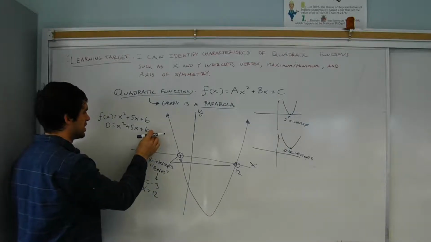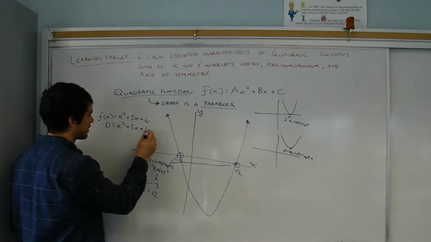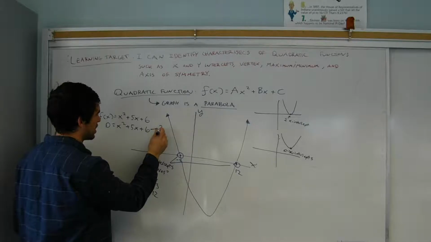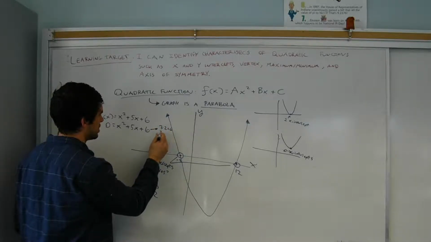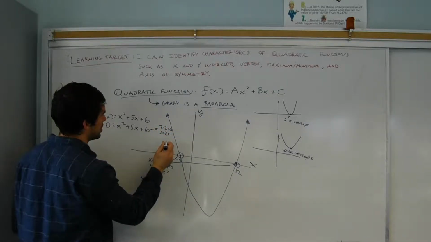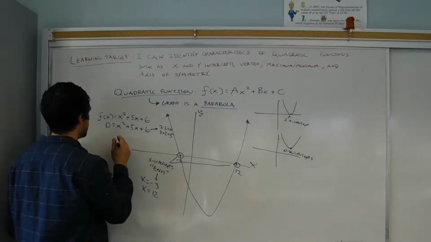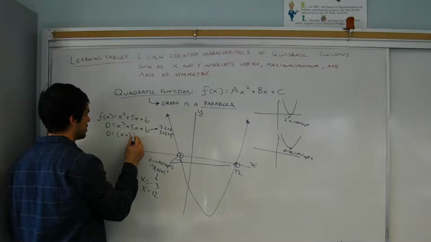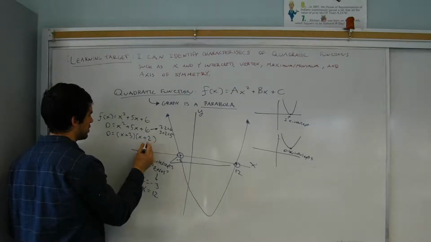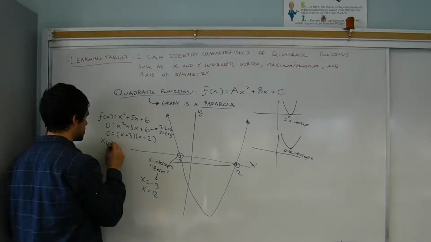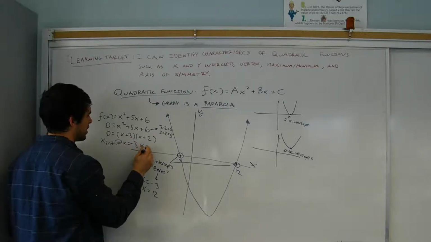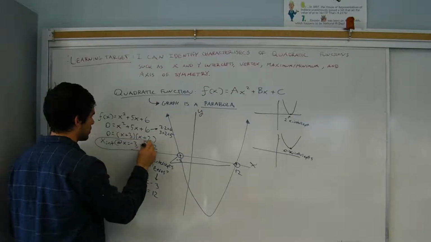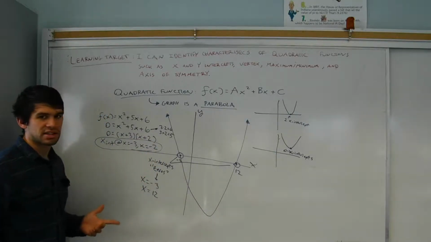This one we can see can be pretty easily solved by factoring, because 3 times 2 is equal to 6, and 3 plus 2 is equal to 5. So we can say 0 is equal to x plus 3 times x plus 2, and our x-intercepts will be at x is equal to -3, x equals -2. So those are the x-intercepts of the function.